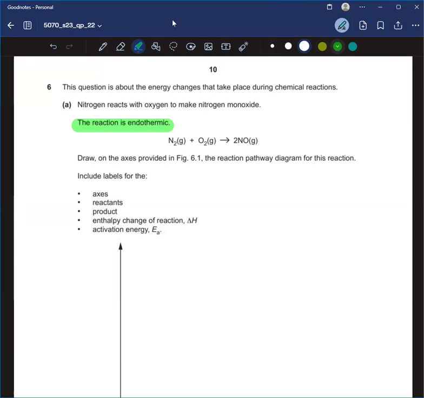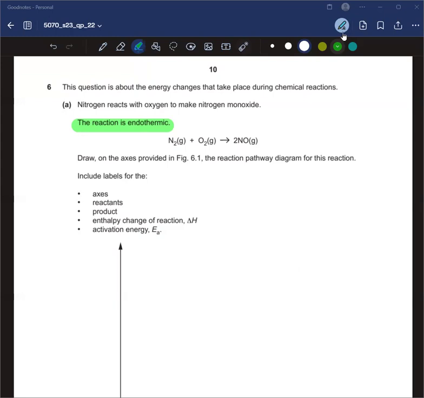And we have the equation here. So we have to draw on the axis provided in figure 6.1 the reaction pathway diagram for this reaction.